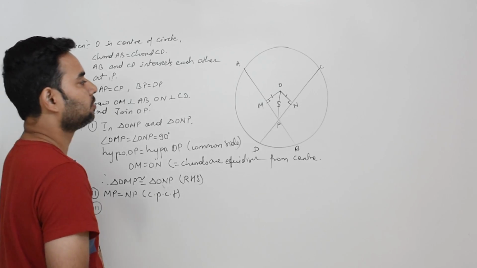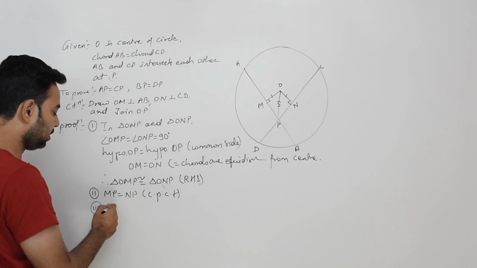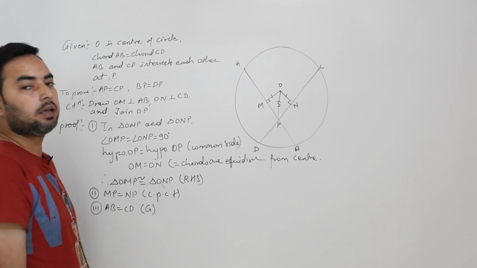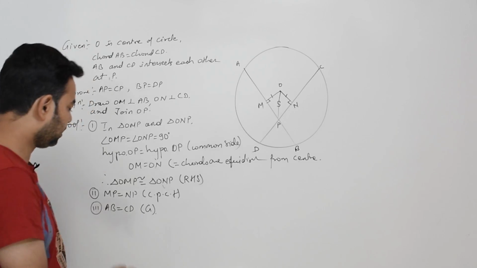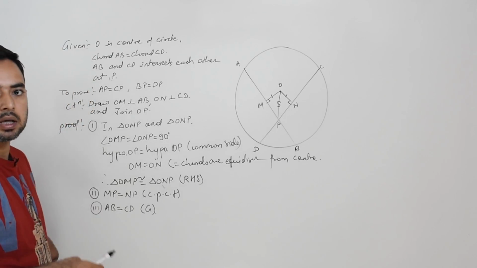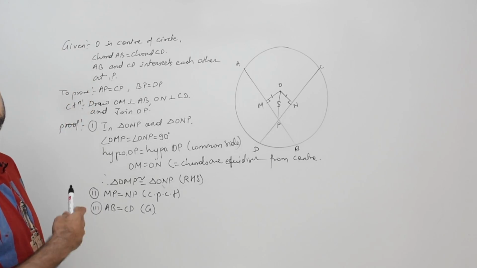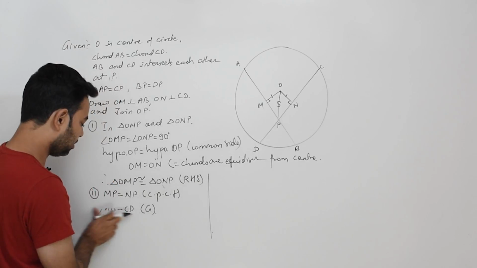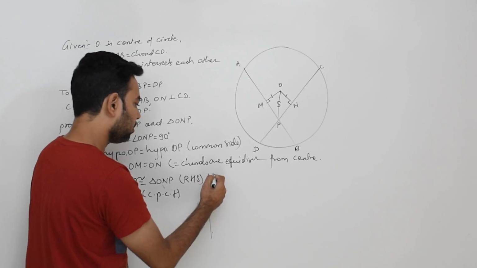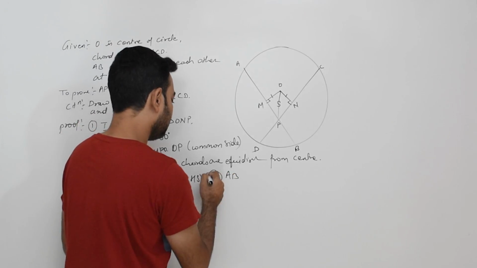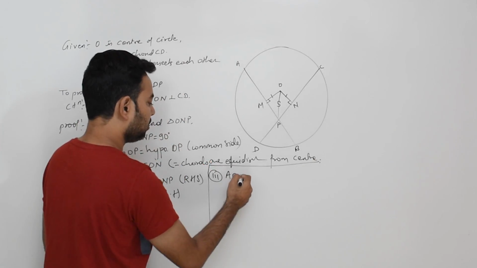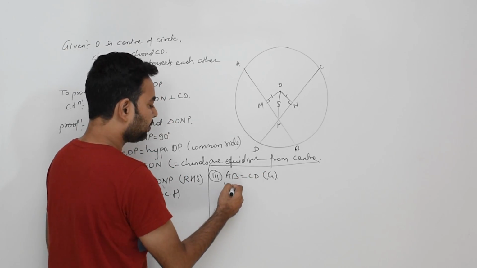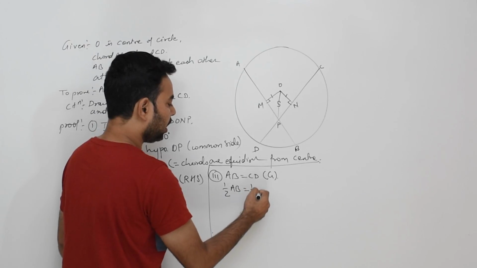We know that AB is equal to CD. This is what is given. If AB equals CD, then half of AB will be equal to half of CD. Therefore, ये हम थर्ड पॉइंट उधर लिख देते हैं. AB equals CD, this is what is given. So half of AB is equal to half of CD.